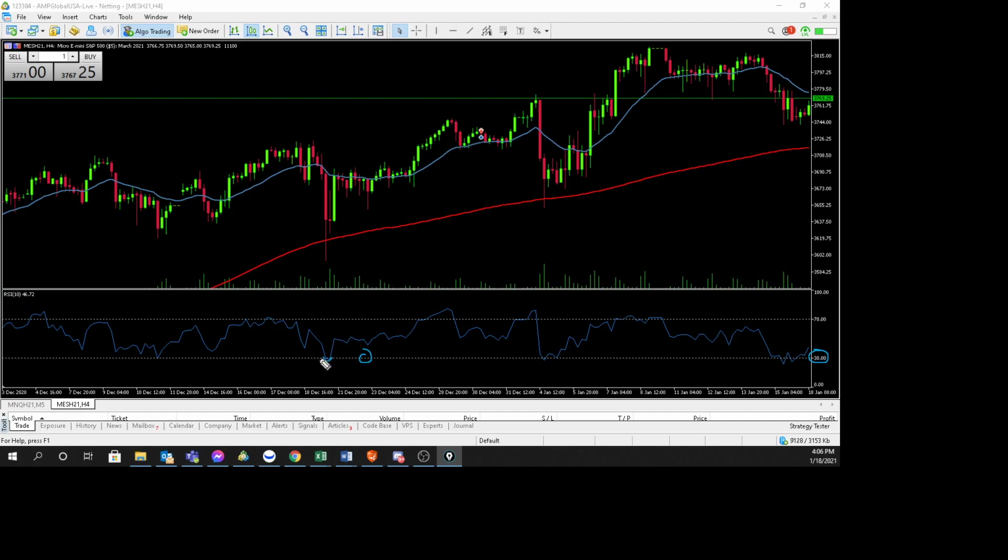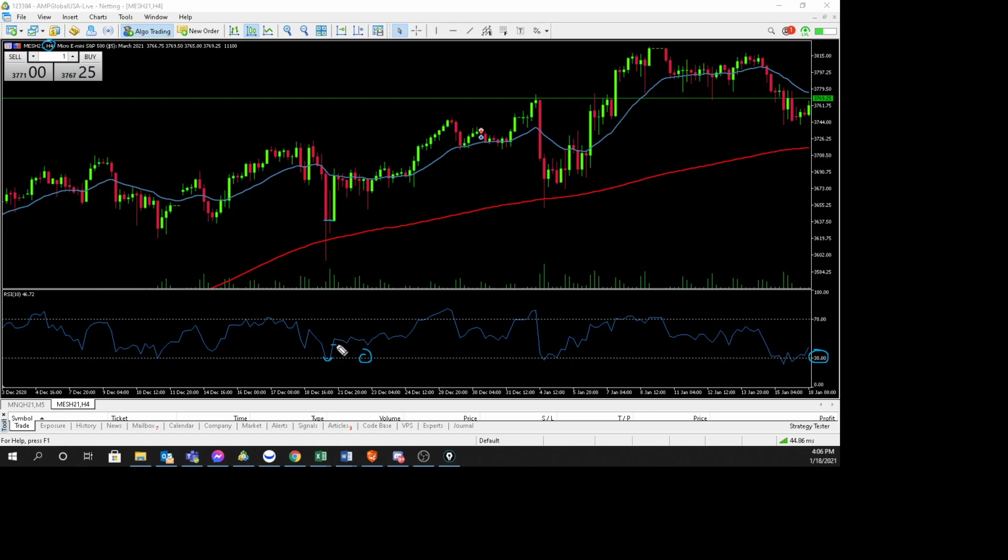We're using a 4-hour chart, so H4, and here's our candle. We came down and came underneath, and now our entry is going to be on the opening of the next candle.